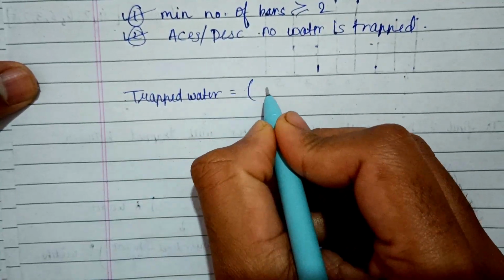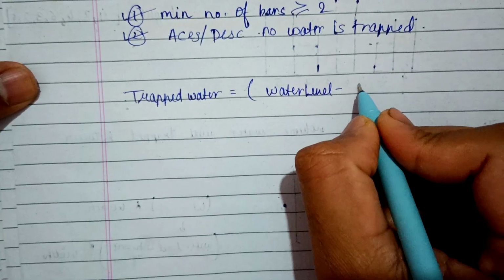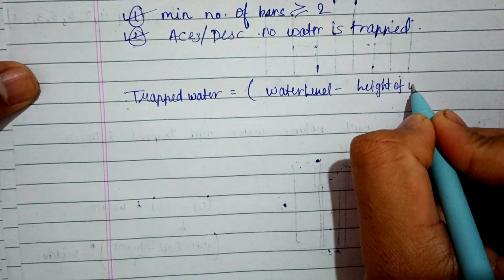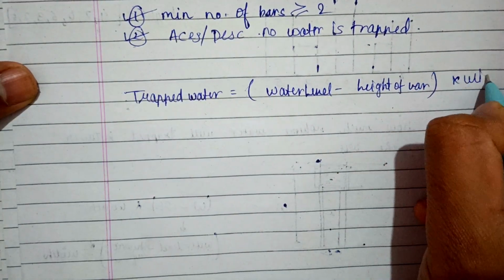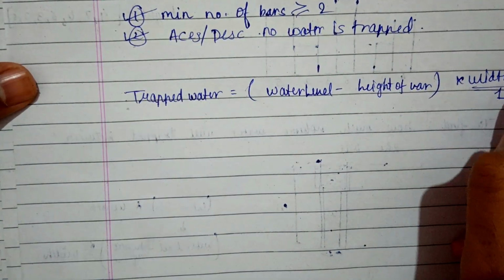So trapped water will be water level minus height of bar, multiplied by width. So width is always 1, so we can ignore the width.